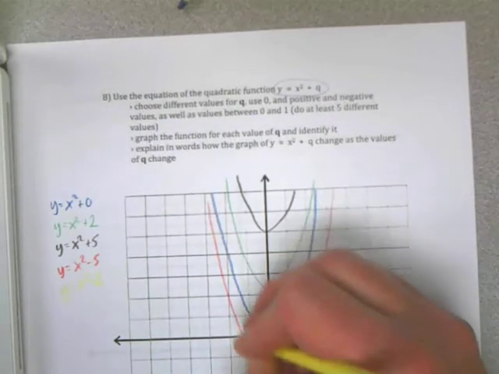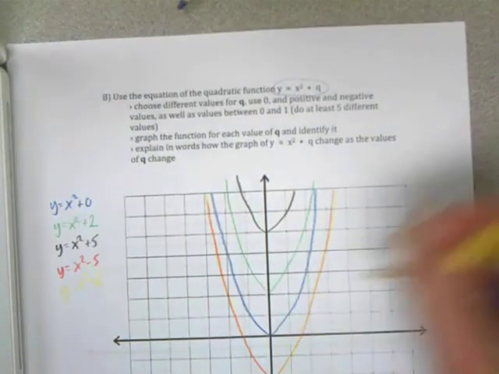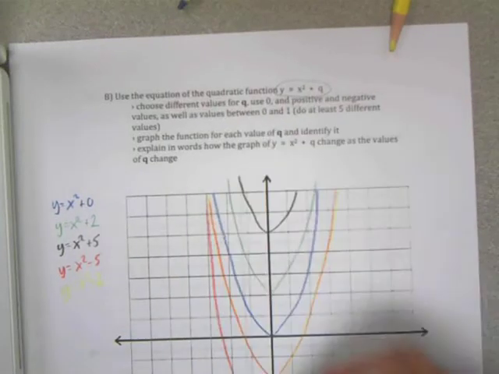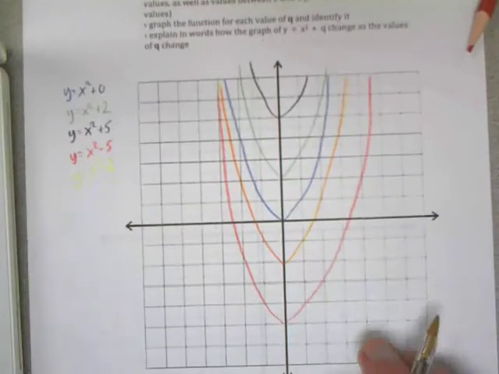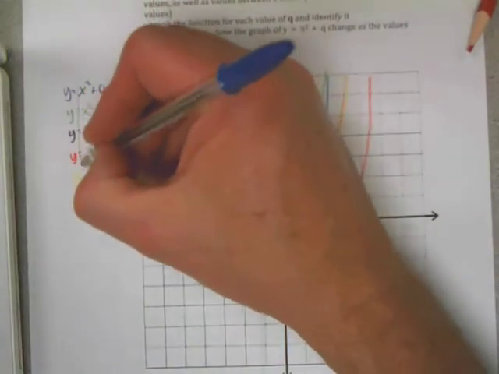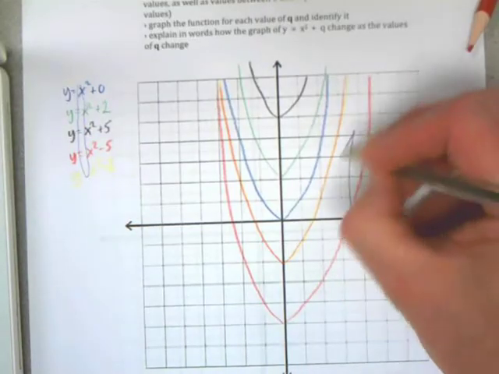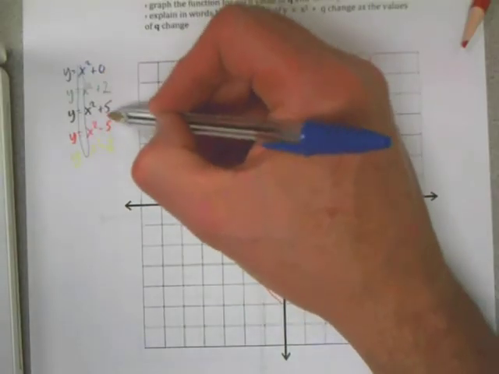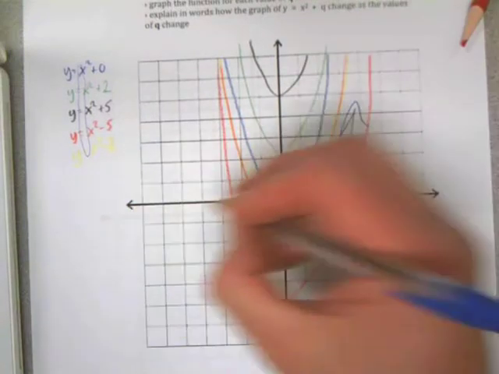And that should have been this one in yellow, now orange. It looks like this. So from that, I can see that the a values in front are all positive, so they all go up. Perfect. I can see that as I play around with these numbers, something happens to the graph.